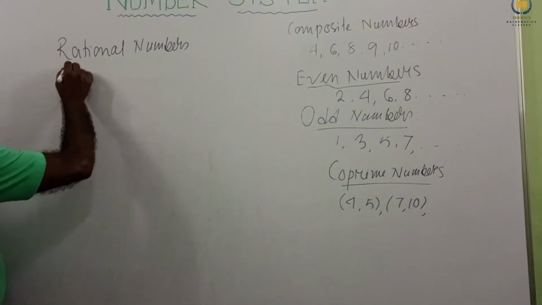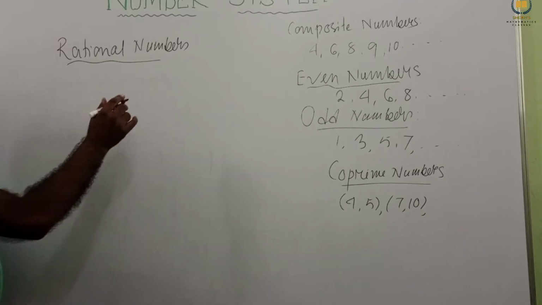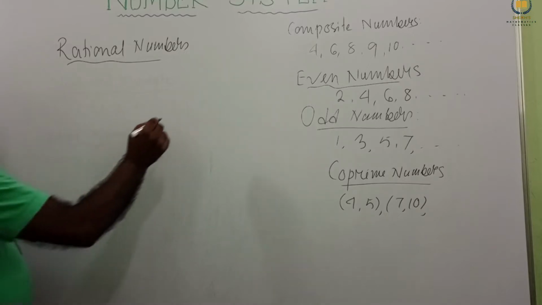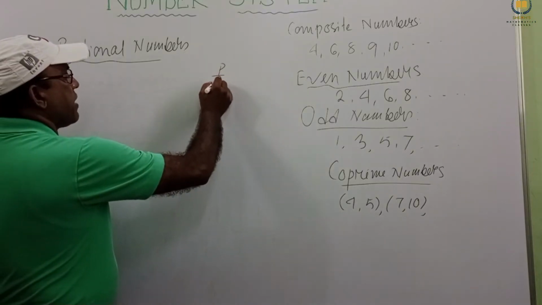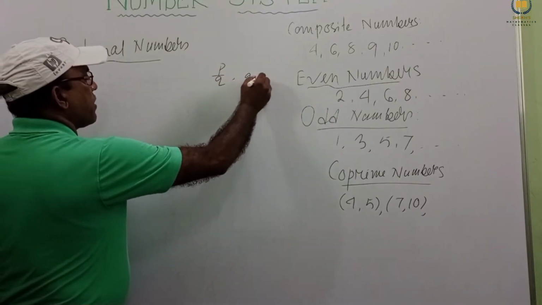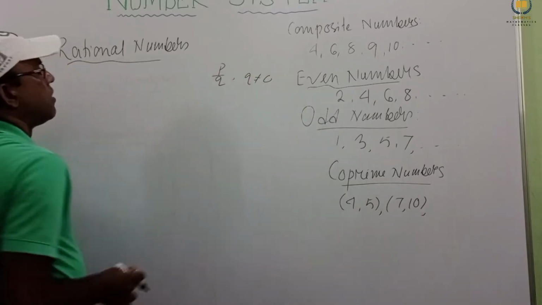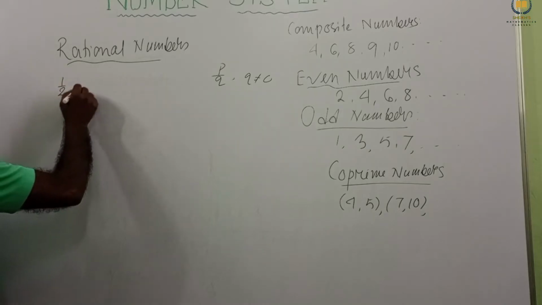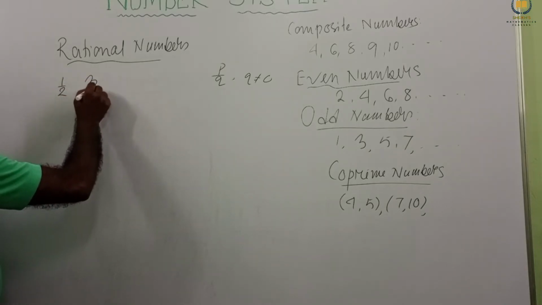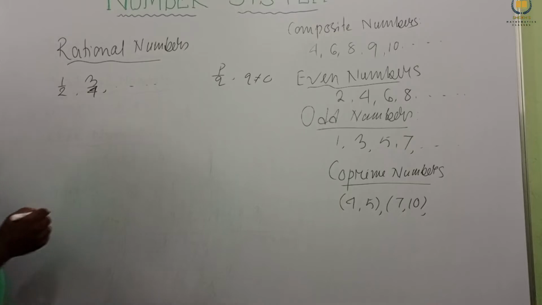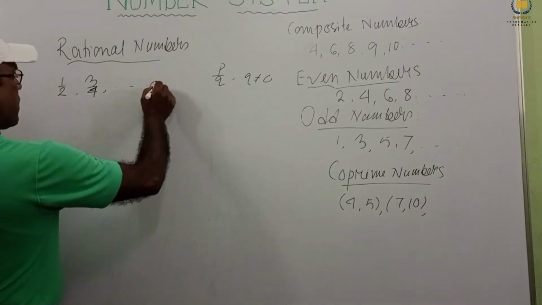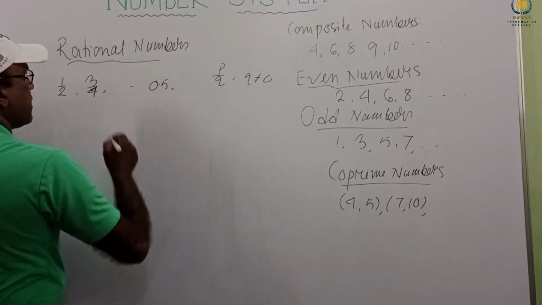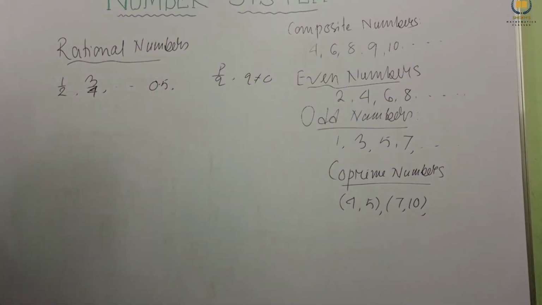A rational number is a number which can be expressed in the p by q form, where q is not equal to 0 and their common factor is 1. So 1 by 2, 3 by 4, these are rational numbers. 0.5 is also a rational number.